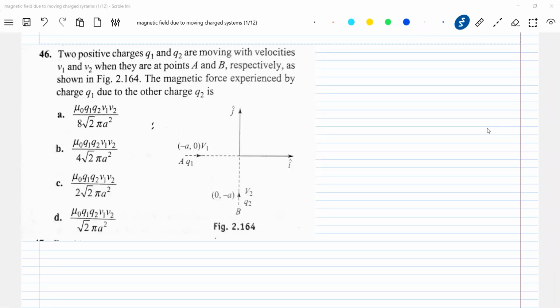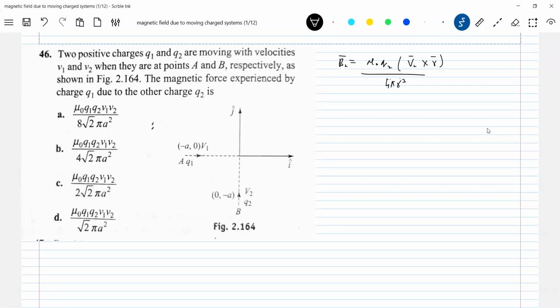So B2 will be equal to mu naught Q2 V2 bar cross R bar by 4 pi R cube. That is the formula. So what is R?